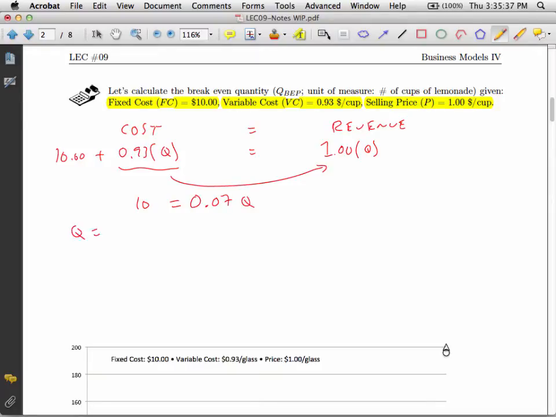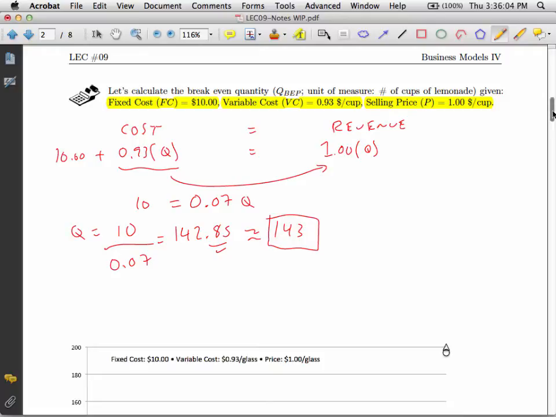So Q is equal to 10 over 0.07, which is 142.85. So we'll say 143 glasses rather than giving someone a fractional glass of lemonade. So 143 glasses is where we go from losing money to making a profit.